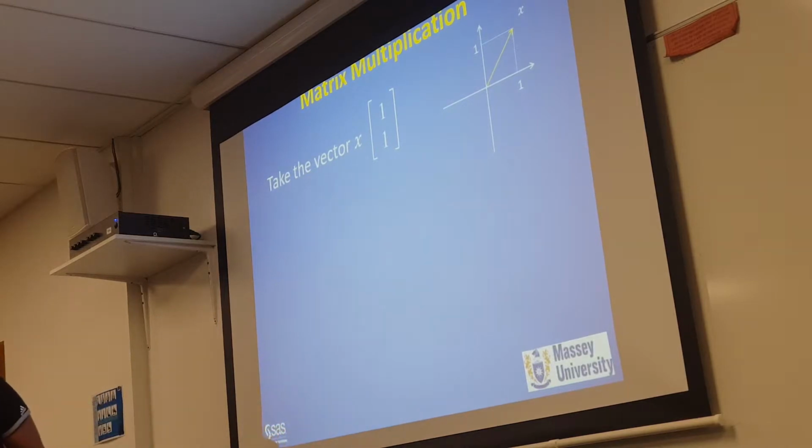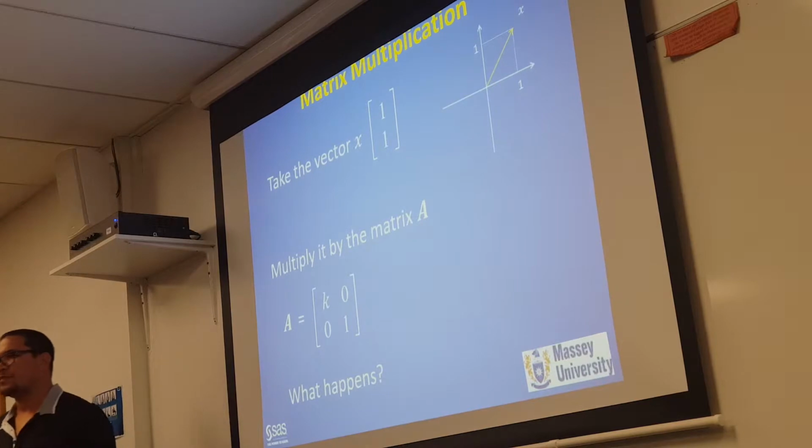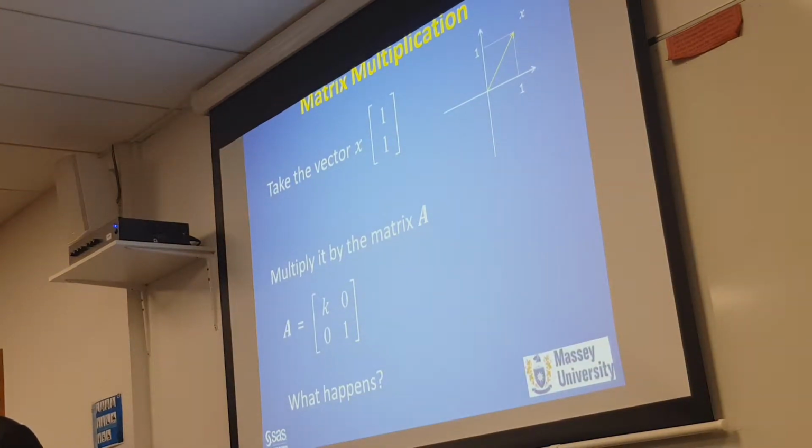If I multiply that vector x by a matrix A, what's going to happen? Let's say A is, I don't know, k was 3. What happens?